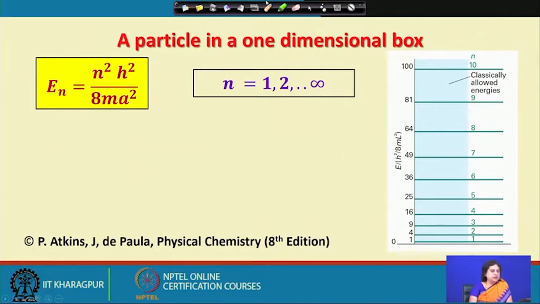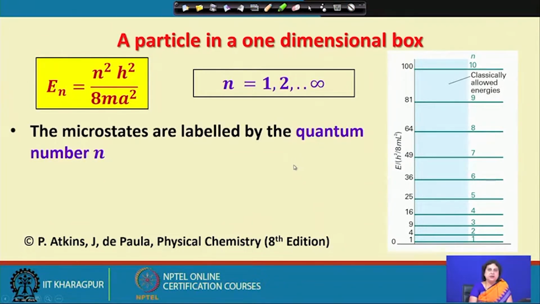Here this represents the energy value for n equal to 1, this for n equal to 2, 3, 4 and so on. So quantum mechanics has once again predicted a discrete set of energy values corresponding to each value of the quantum number n, and I can generate different microscopic states using this quantum number n.